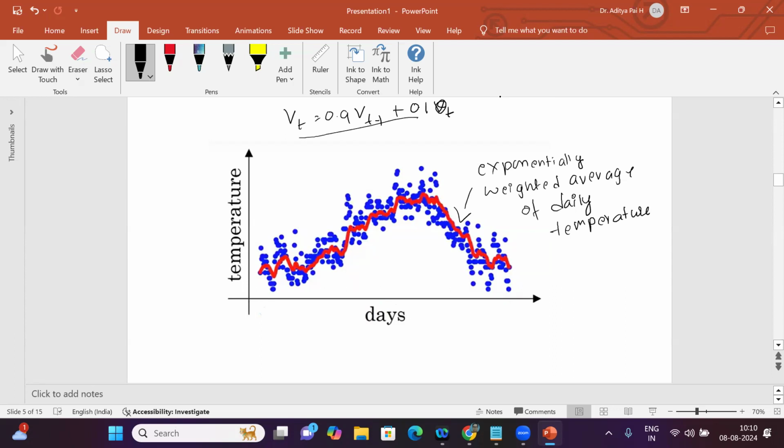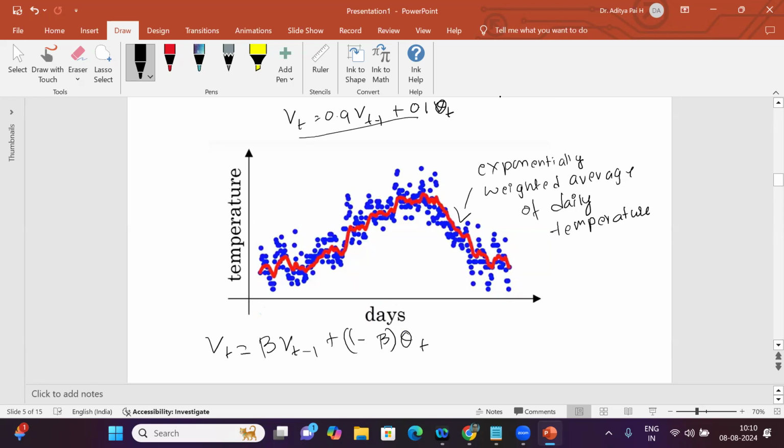So I am applying the same thing. In this particular case, vt is equal to beta vt minus 1 plus 1 minus beta, theta t.